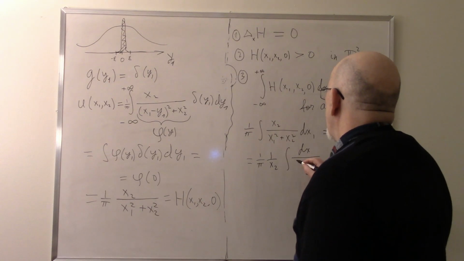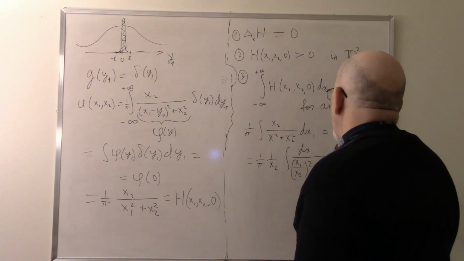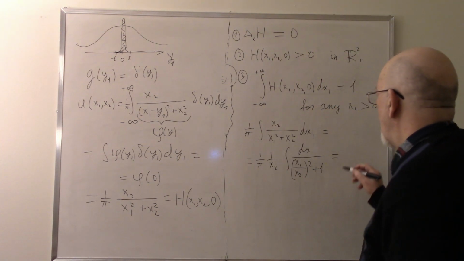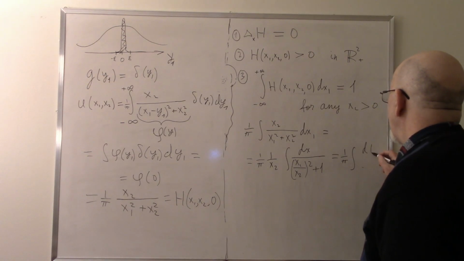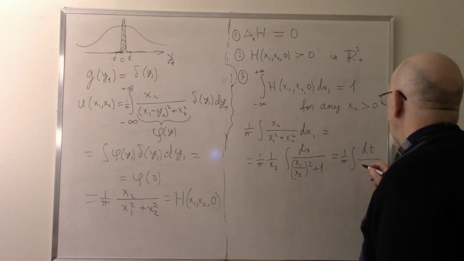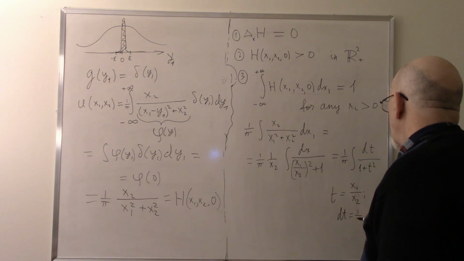dx1 over (x1 over x2) square plus 1 equals 1 over pi integral, say, dt over 1 plus t square. So what is t? t equals x1 over x2, and dt equals 1 over x2 dx1.